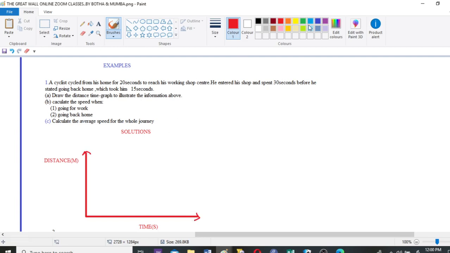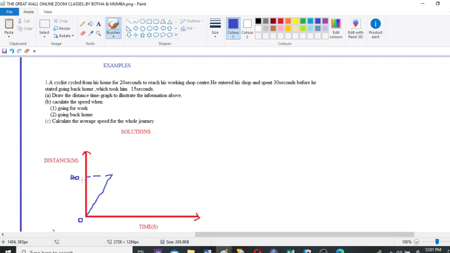So this person is here at home, and then he travels to his workplace. Okay, so he goes, and he covered the distance of 40 meters.